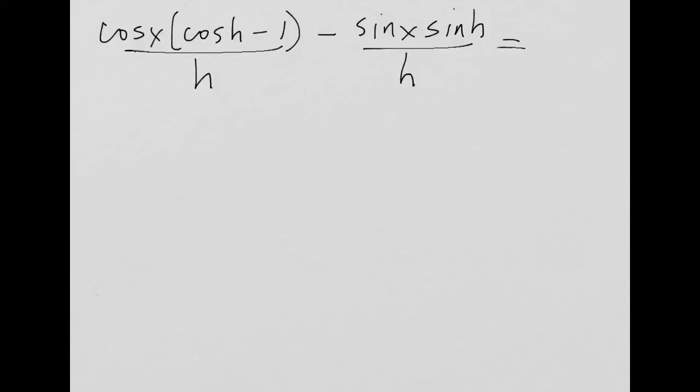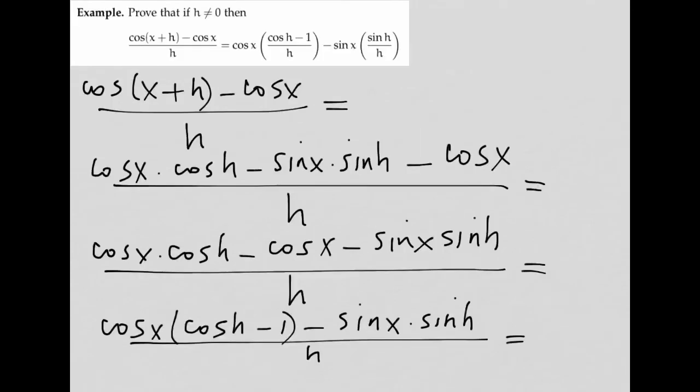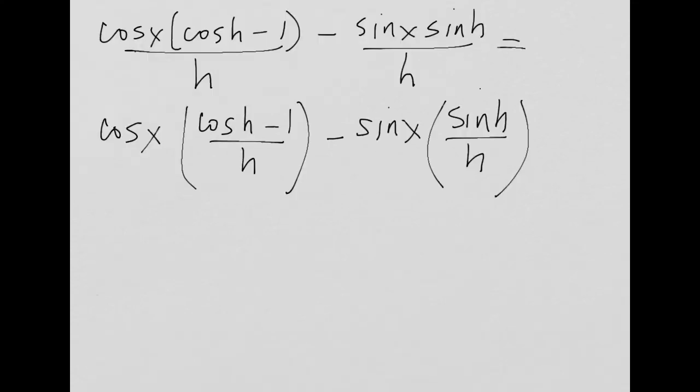One last step, we have our last expression as cosine x times cosine h minus 1 over h, minus sine x times sine h over h, which is the desired right-hand side, which is exactly what we set out to show.